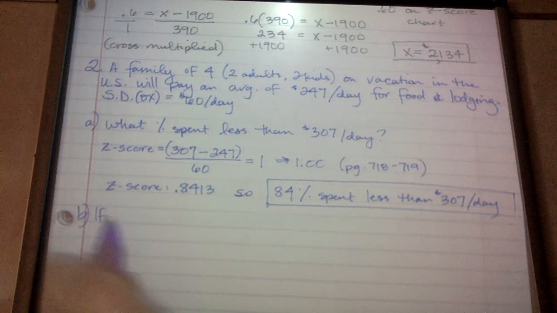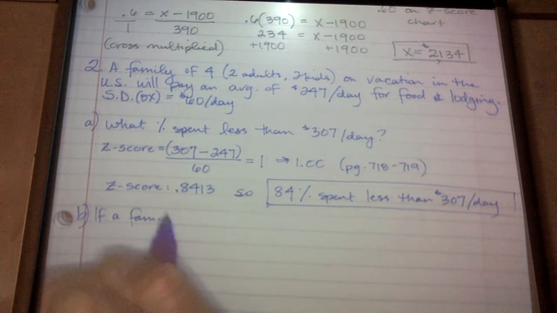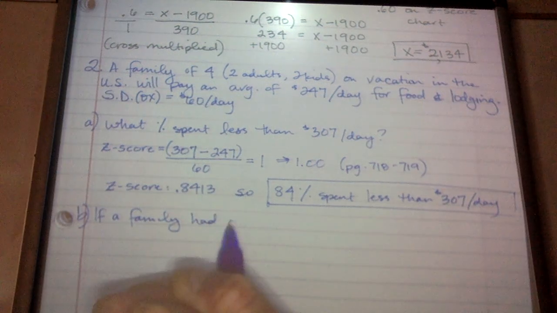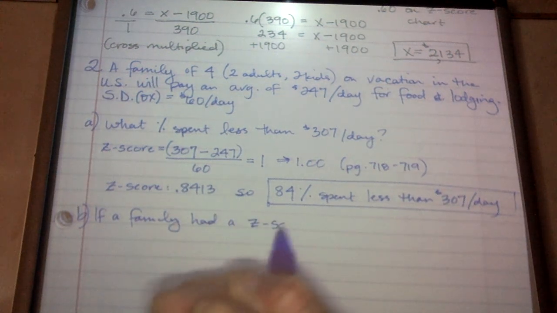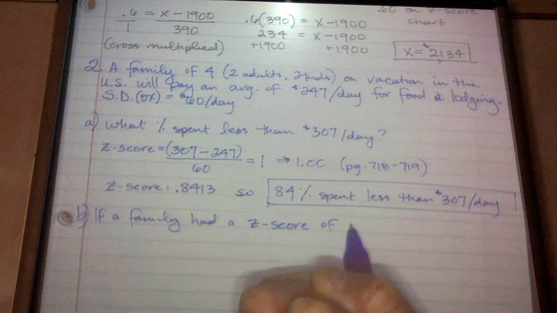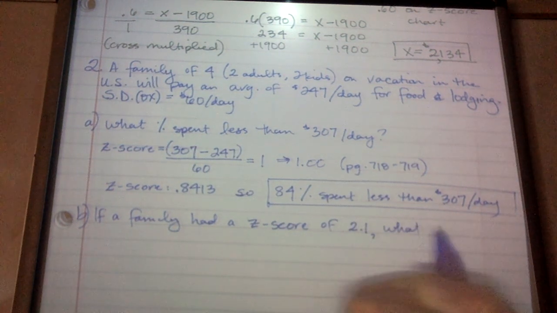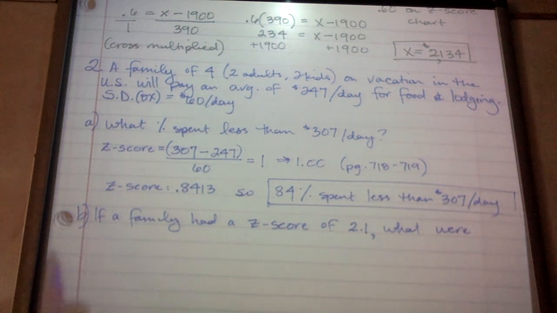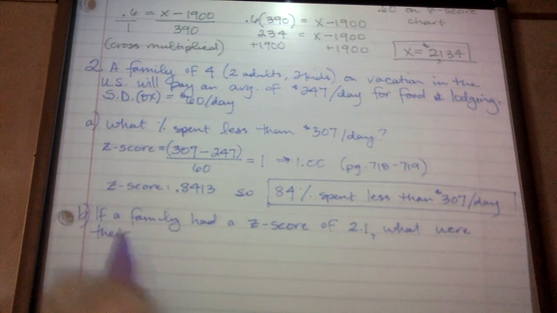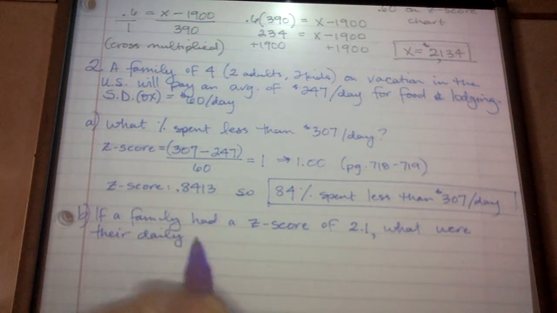All right, next. If a family had a z-score of 2.1, what were their daily expenses?